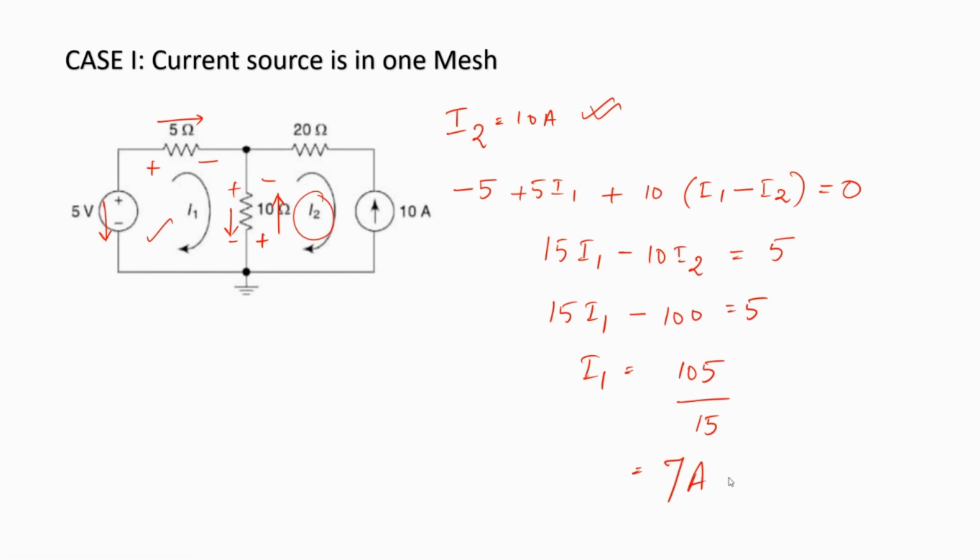So when we have a current source in our circuit, we have to see where it is located. If it is part of one of the loops like that, then the loop current of that loop becomes the value of the current source itself. So this is the first case.